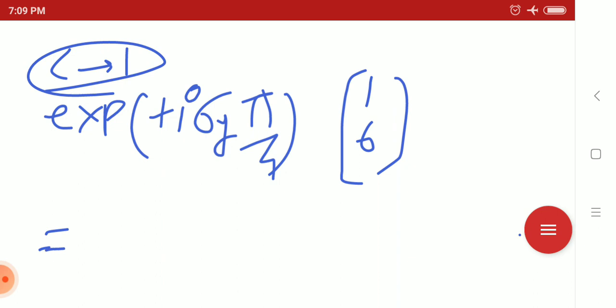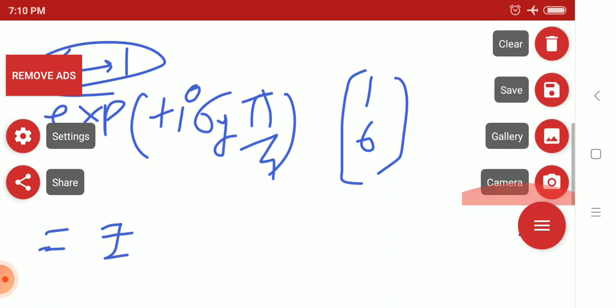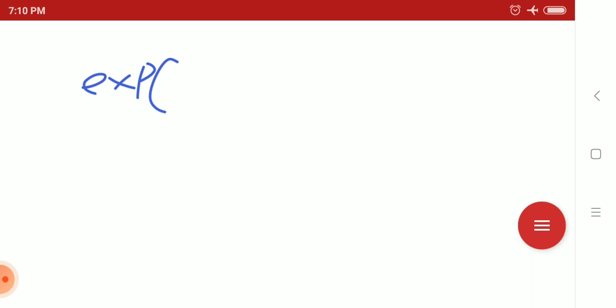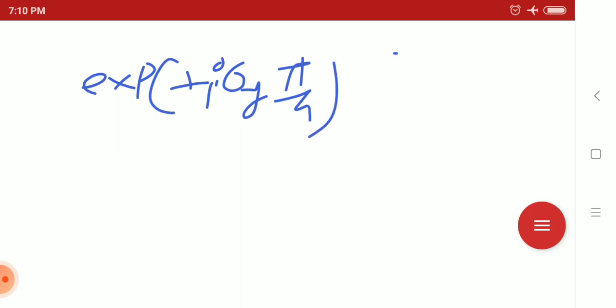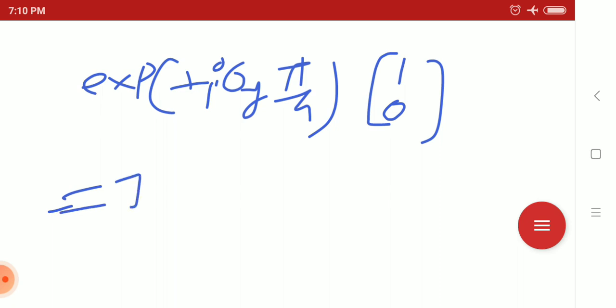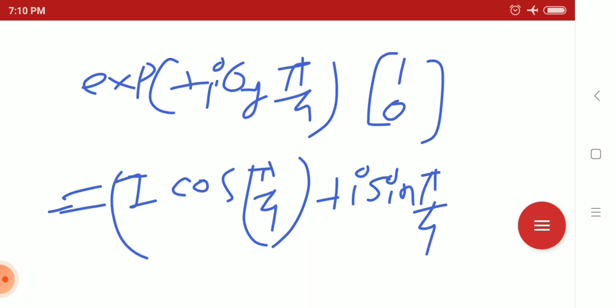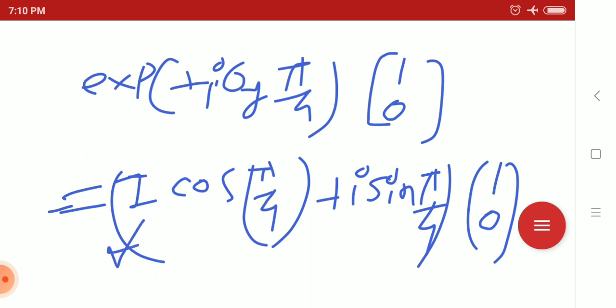And sigma n is what? n is y. So I is the identity matrix actually. Let me write clearly. Exponential plus iota sigma y pi by 4 when operating on 1, 0 will give identity matrix I cos pi by 4 plus iota sigma y sin pi by 4 on 1, 0. Okay, now I is the identity matrix.